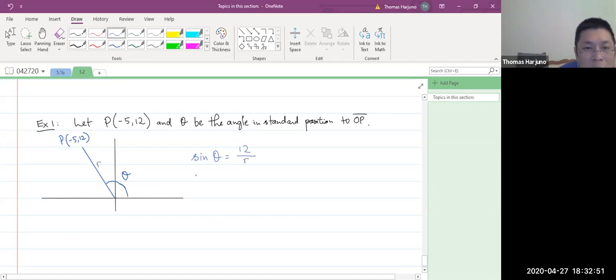If this is the r, cosine theta equals -5 over r, and tangent theta will be 12 over -5.